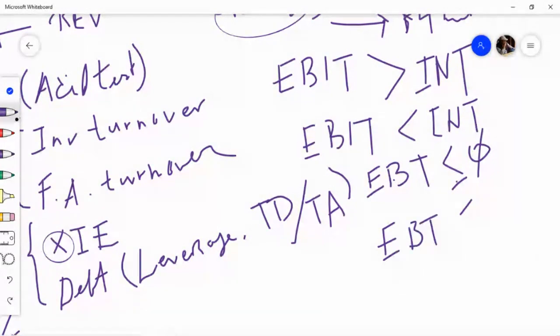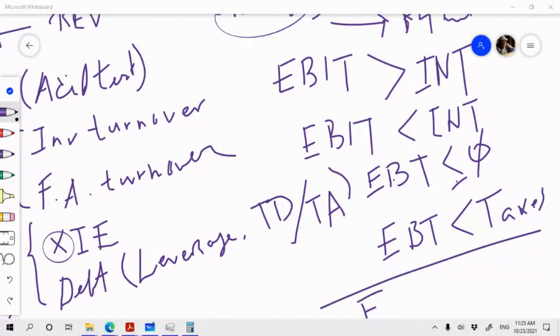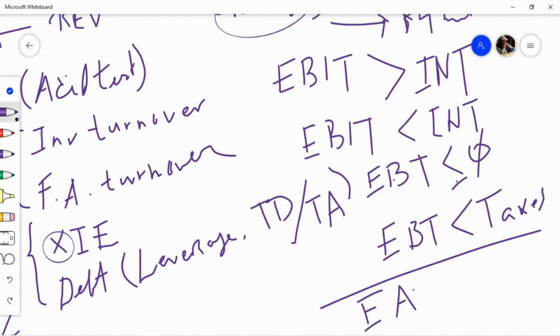Then eventually net profit, EAT, is negative, so there's no profit for the creditors to take.